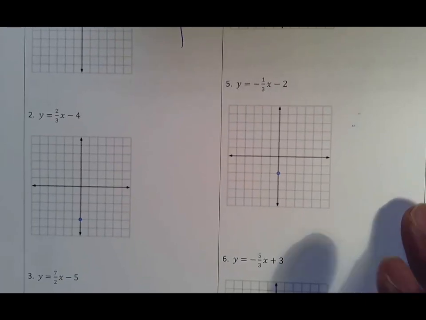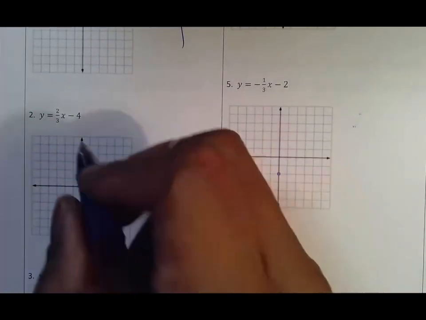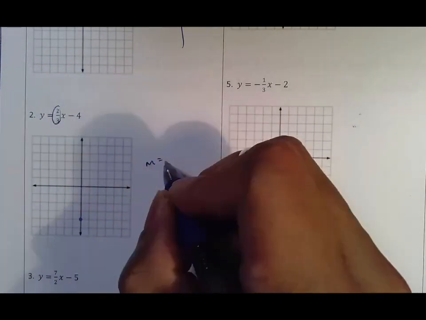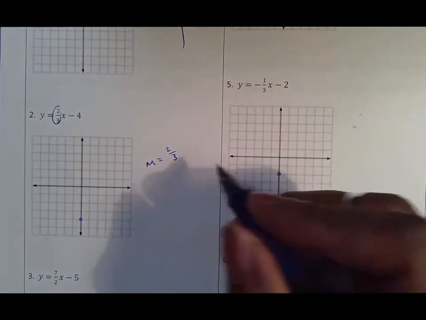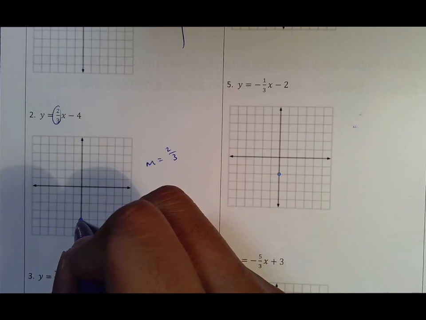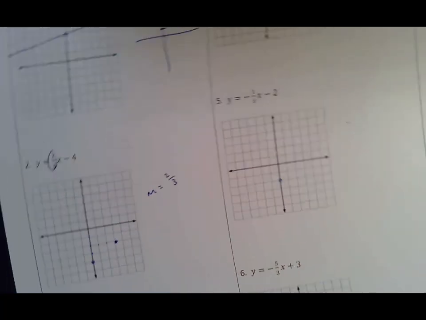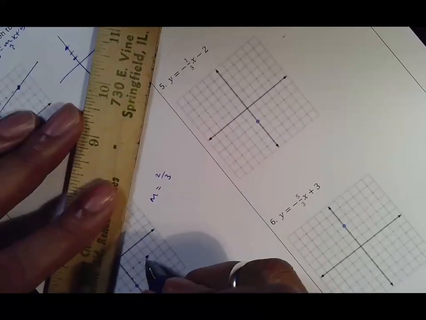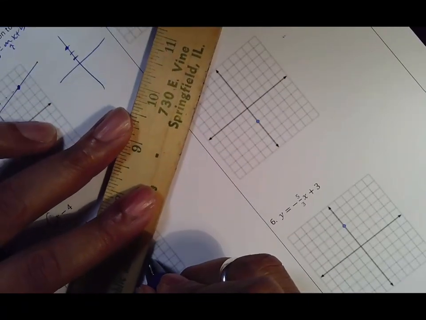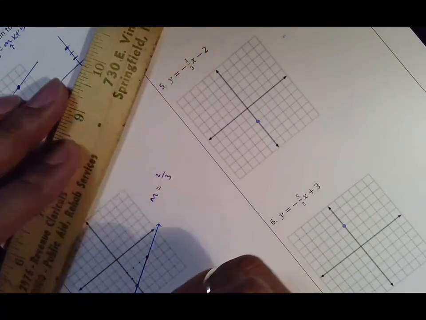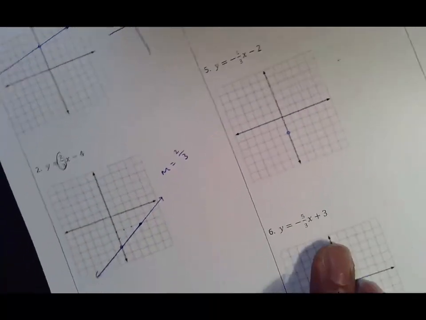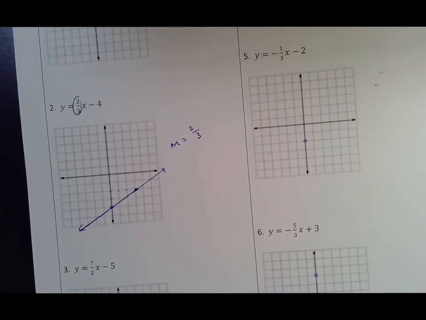Y equals 2/3 x minus 4. Again, m is whatever is attached to x, which is 2/3. That is your slope. From there, we go up 2 over 3. Put your dot. Draw your line. It's better if I put this upside down.